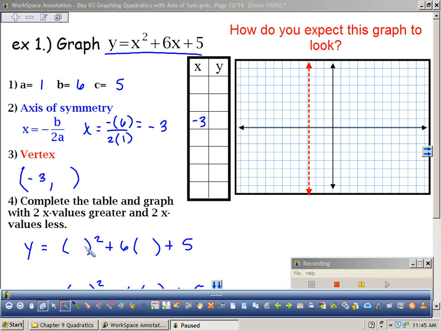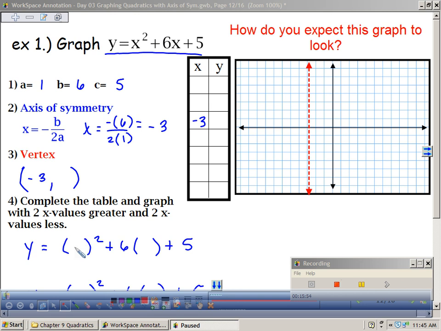If I plug in, so what's the first number I'm going to plug in? You would always put in 0, right? But now I already have my first number. What's my first number? -3. I already found it. That's going to be the beginning point of my vertex, right? So -3 squared is 9. 6 times -3 is -18 plus 5.